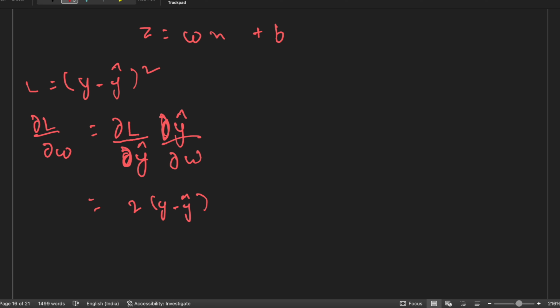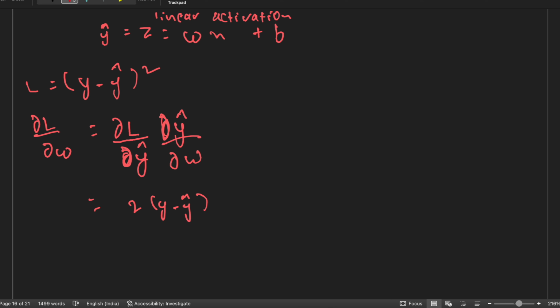We consider it to be y hat because we are using a linear activation function. We are not applying any activation function. The value coming to the node, the weighted sum plus bias, is our value.